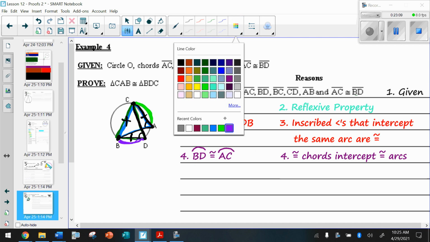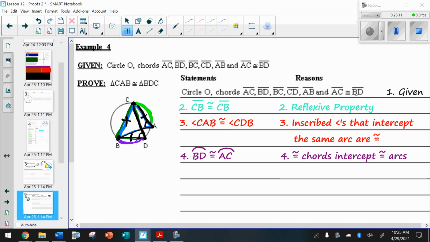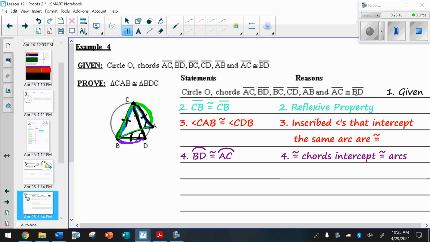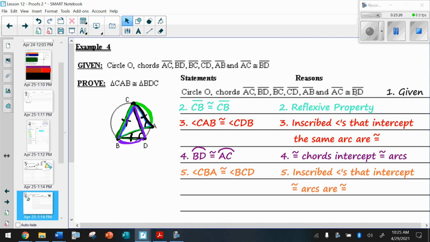then the inscribed angles opposite those arcs, inscribed angles that intercept equal, congruent arcs, are congruent. Now that is a different rule from rule number 5, because the first rule said inscribed angles that intercept the same arc are congruent. This one says inscribed angles that intercept congruent arcs are congruent.